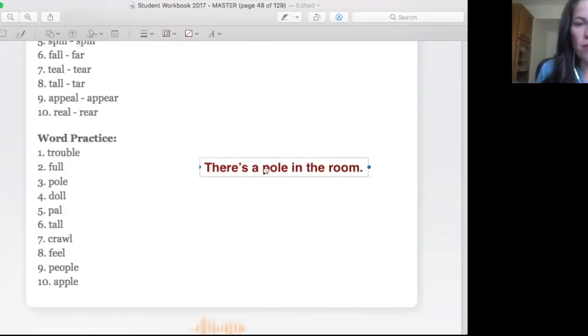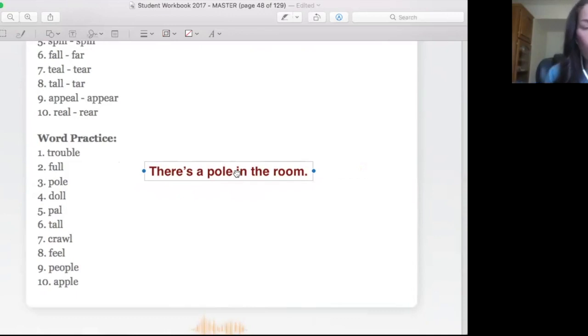Okay, so there's a pole in the room. Pole is supposed to have that dark L sound, but whenever it's followed by a vowel like that, it touches the roof of your mouth so that you can go into the vowel. So the pull in.